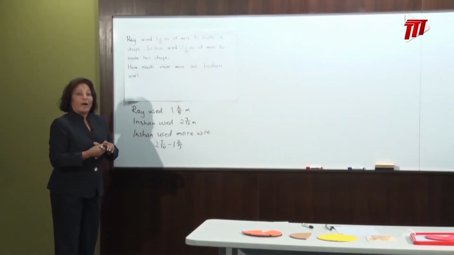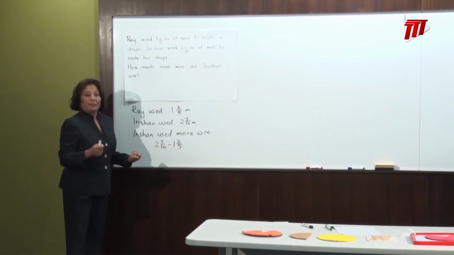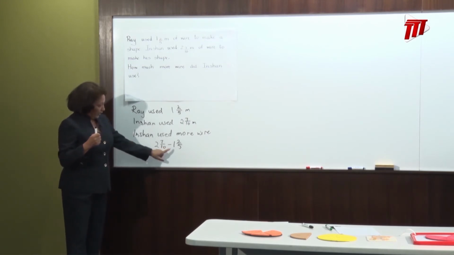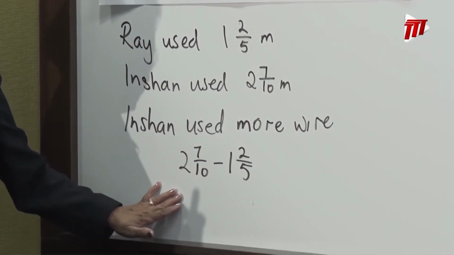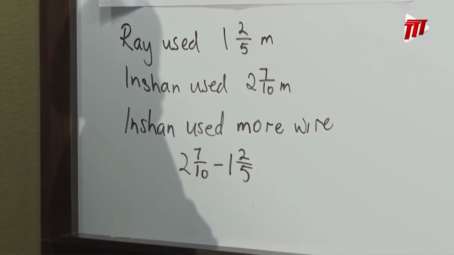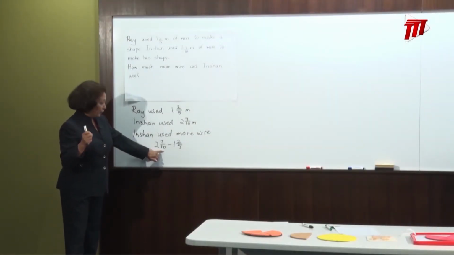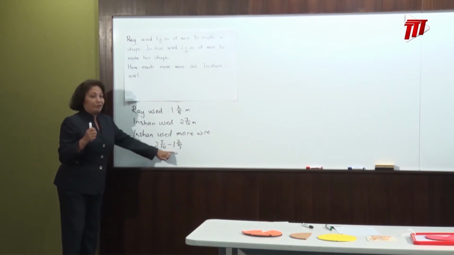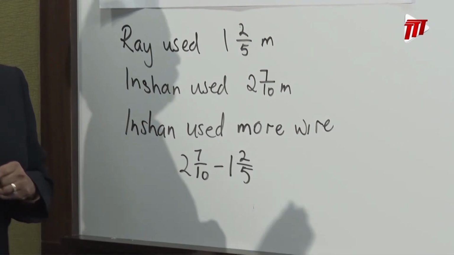That is the amount of wire he used more, right? The difference of the two of them. Now, you have two mixed numbers that you have to subtract. So we will deal with the whole part first, and then we would look at the proper fraction. So we're looking at the fractions, 7/10 minus 2/5.